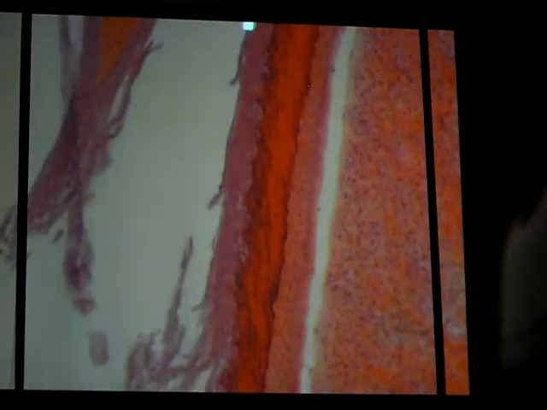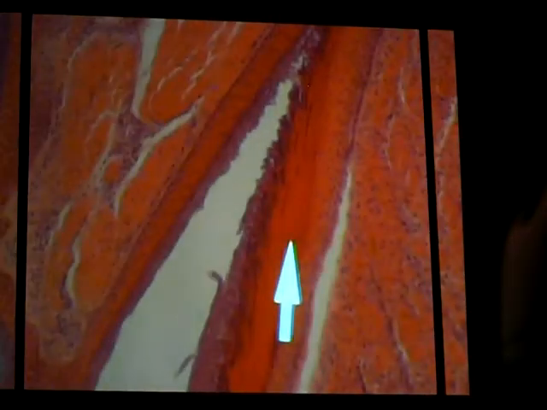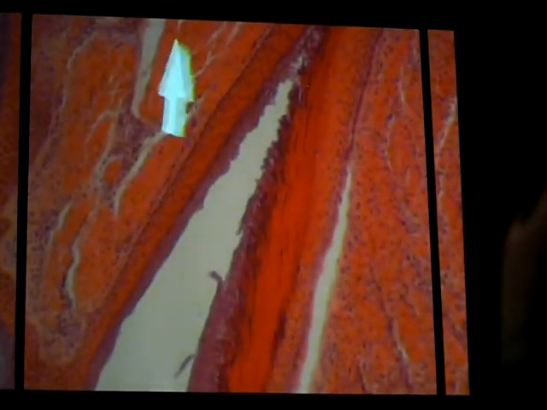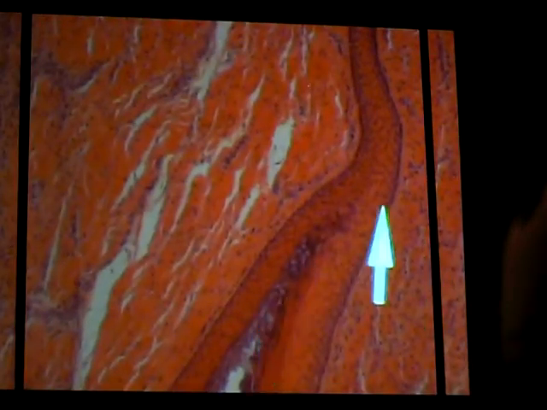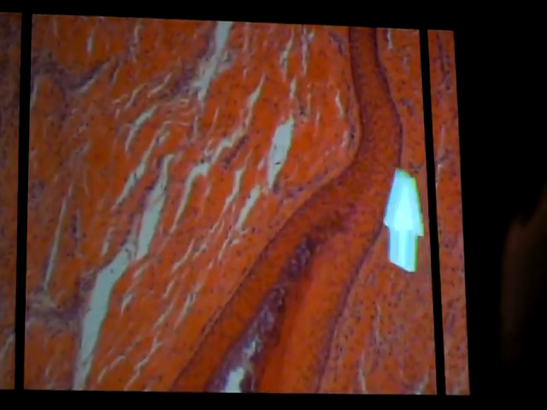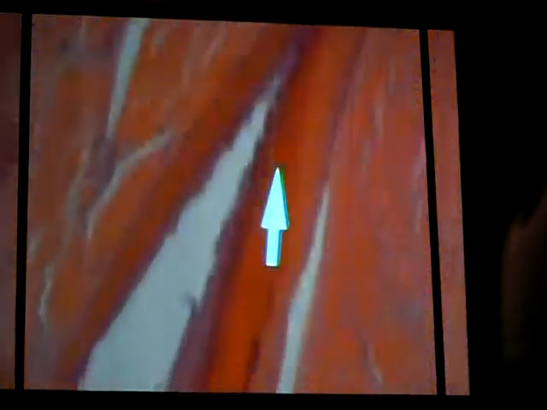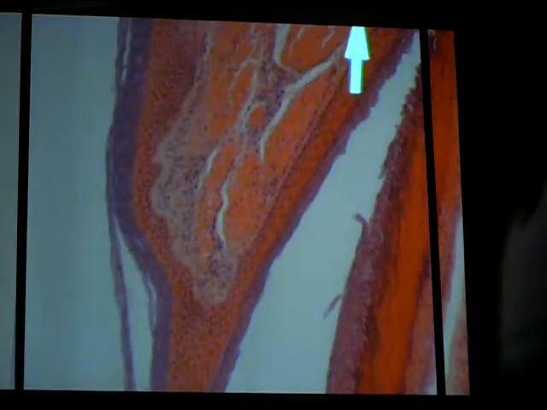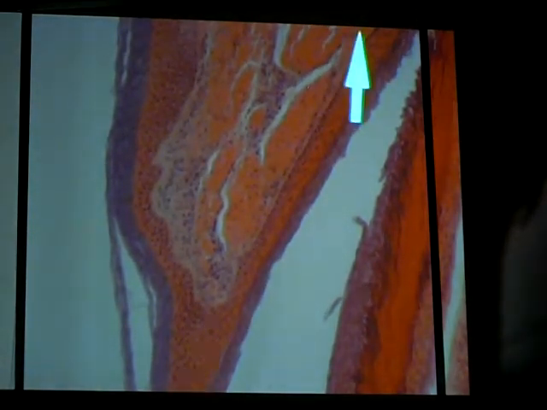That's growing on top of the nail bed. So this is the nail root here, the junction between the nail bed and this part, which is the cuticle. That's the part that's sticking above the nail.